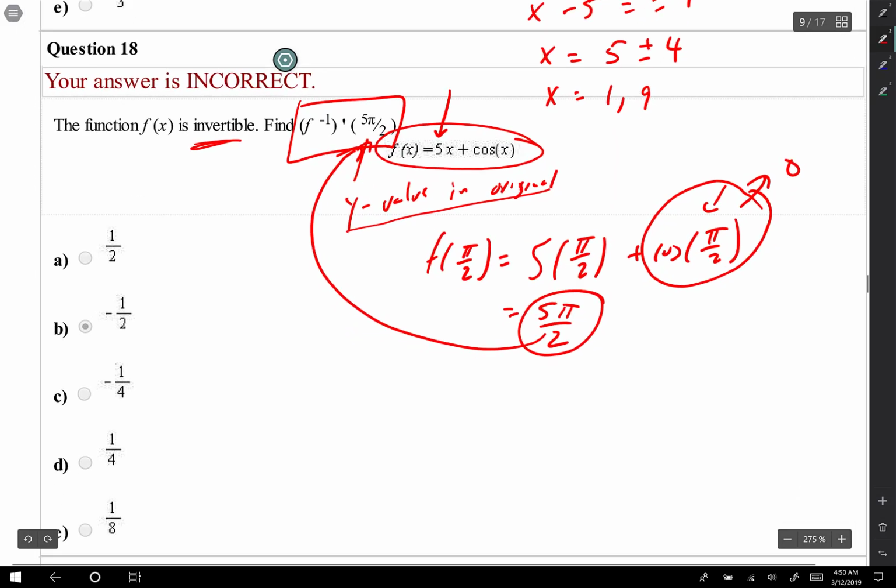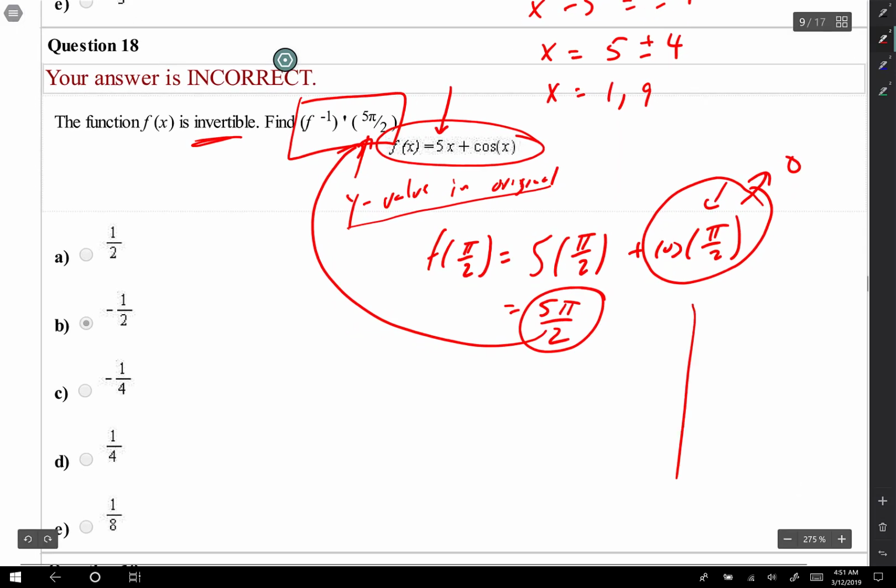So what I'm going to do, remember the property about inverse functions, guys. If you have a function that looks like this, then that means your inverse looks like that. So if I have a point here, a comma b, then that point is right here as b comma a.